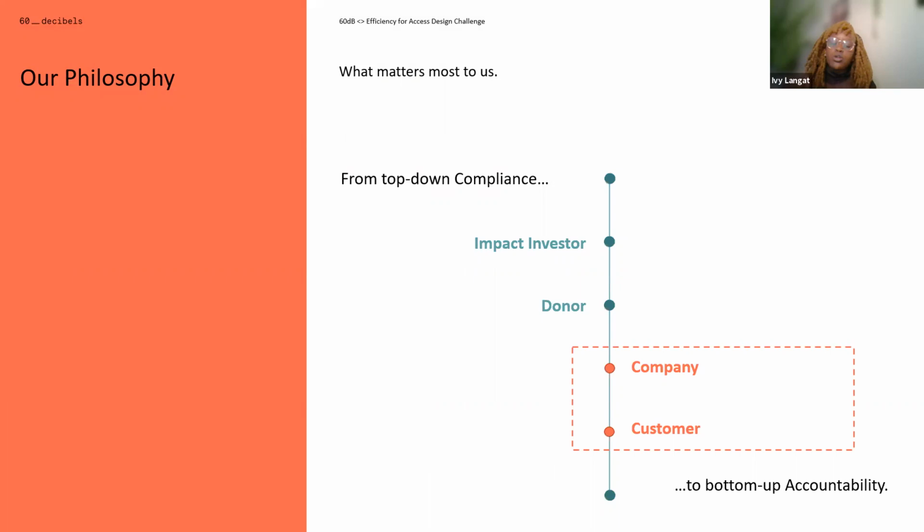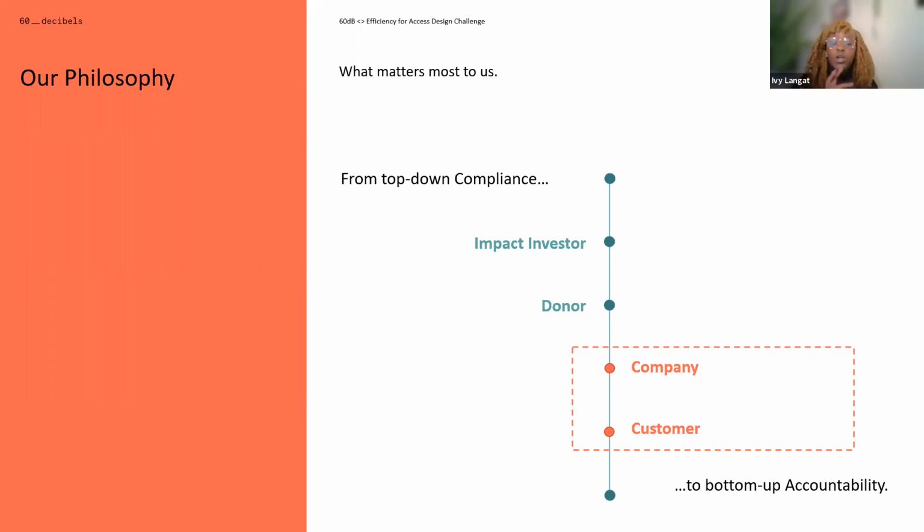Not only collecting metrics that are important to the investors or donors, but creating a method of measurement that puts the end user or customer at the center of the entire process. And like John mentioned, in many cases, customer is different from end user. But when we do the interviews, we usually aim to speak to the end user. So customer here in our case is similar to end user.